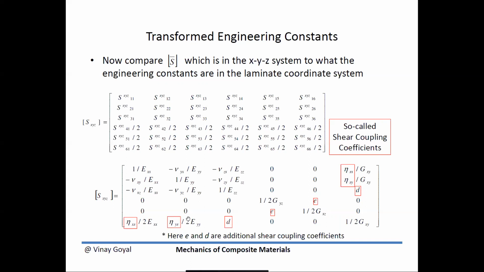And as a consequence, you have additional terms that act almost like Poisson ratios, but in a different way, where I apply loading in one direction and it causes shear in the other direction.